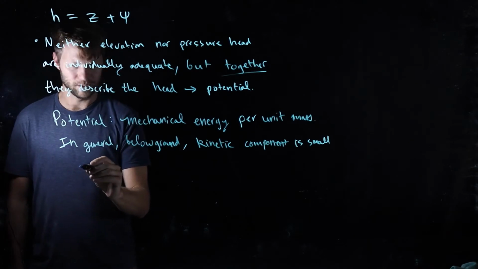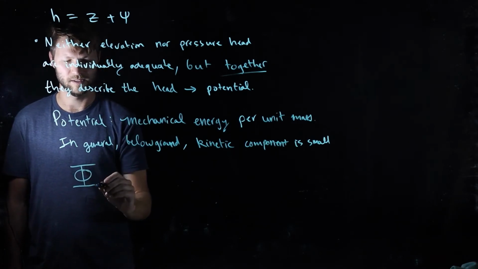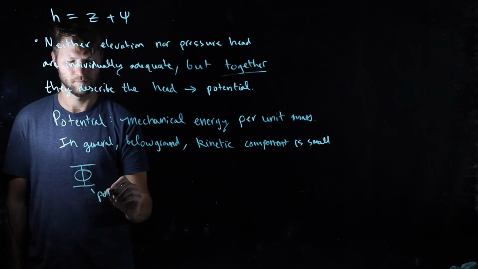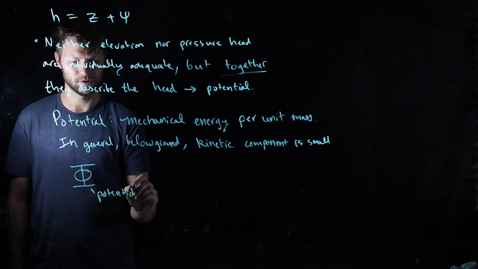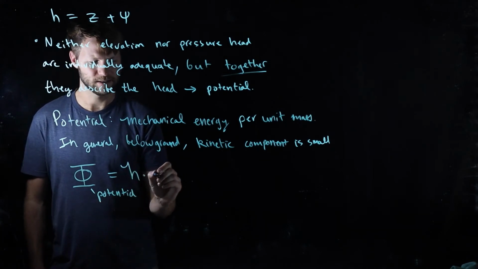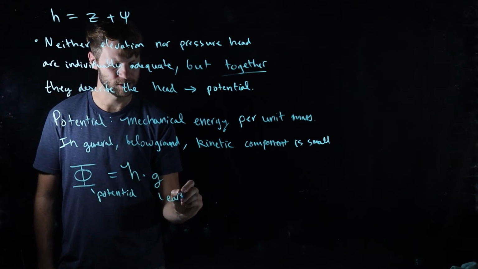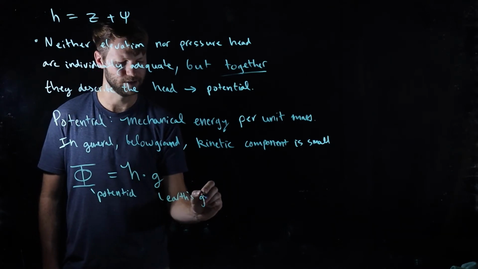And the relationship between potential, which I'm going to draw with this symbol, on Earth's surface, is that it's the hydraulic head times g, where g is the acceleration due to Earth's gravity.